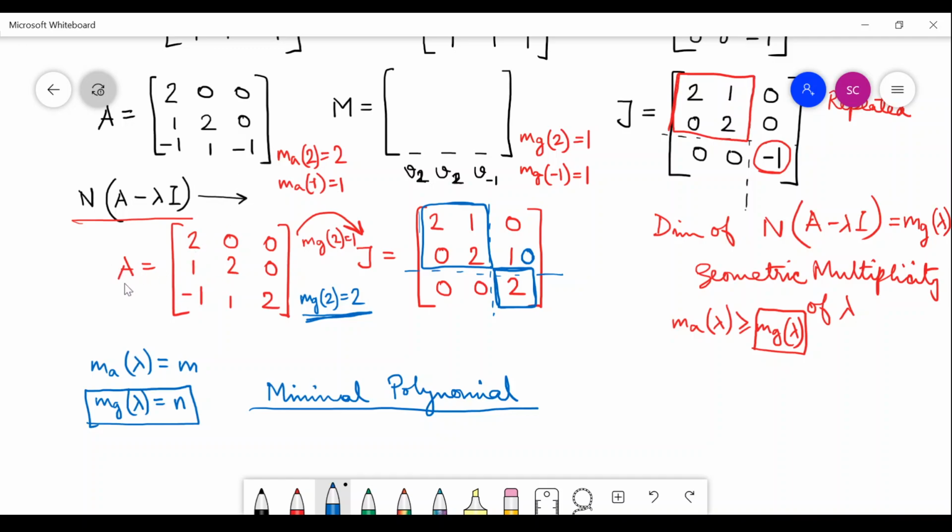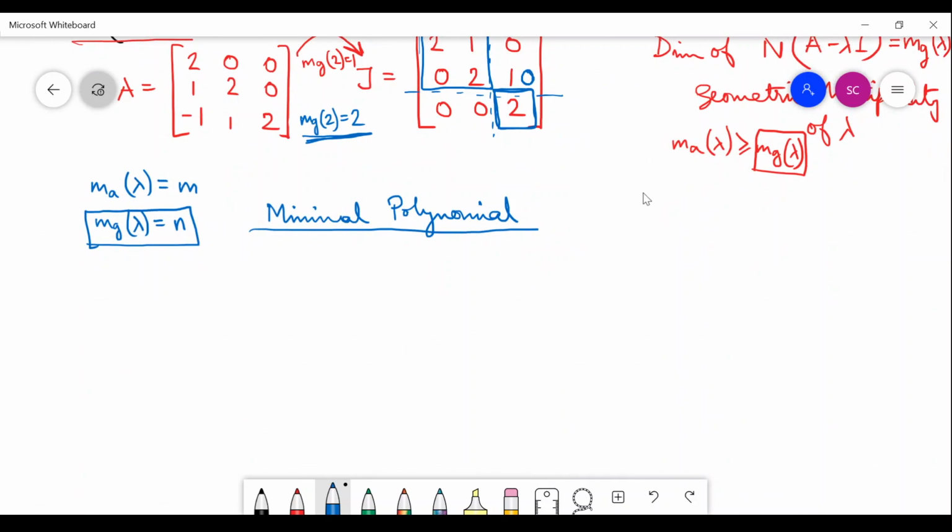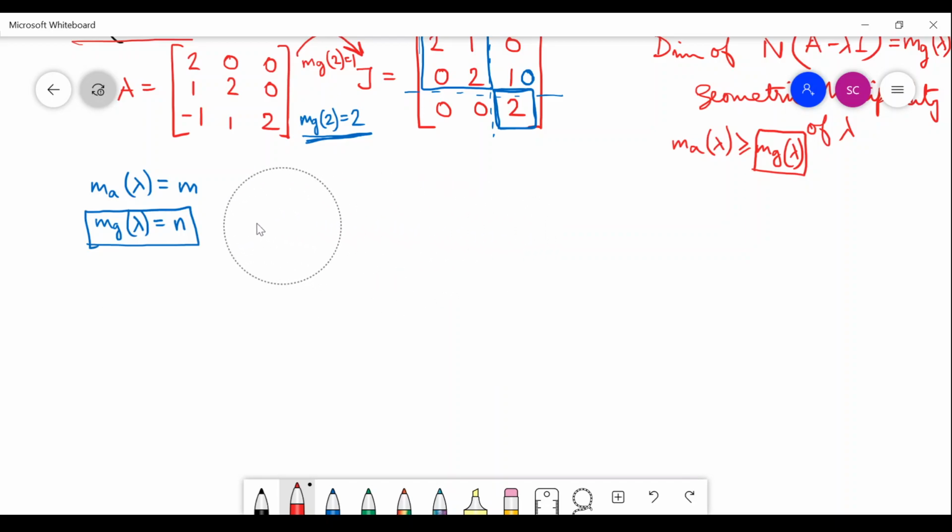You can do it for the other one. Let us take this matrix and see what was actually the geometric multiplicity. So let us do that exercise, and okay, so I will do it here. So let me just clear this.